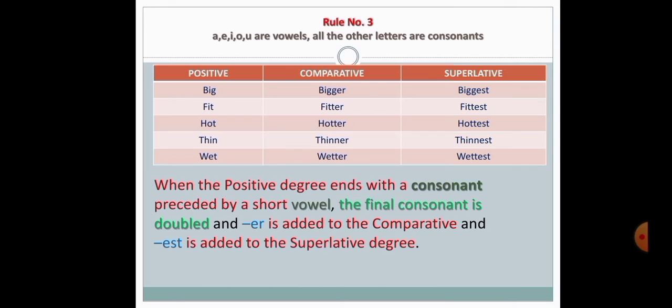Now what are short vowels? Short vowels do not sound exactly like their name. They have a different sound. I will show you through examples. We say cat. We are not saying the A sound there. Then bell. We are not saying bill or the E sound.